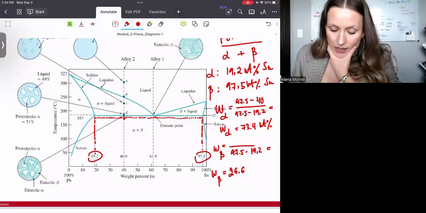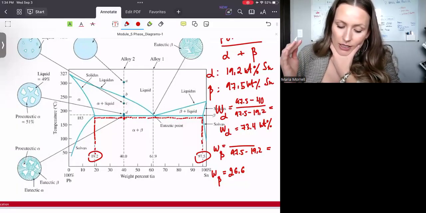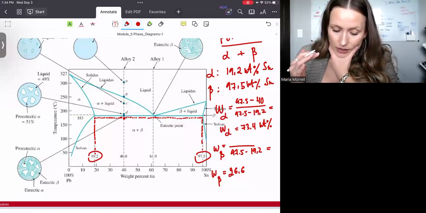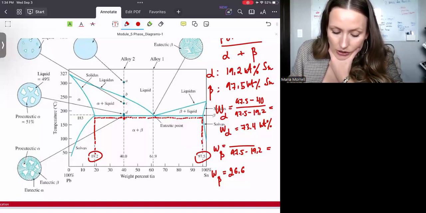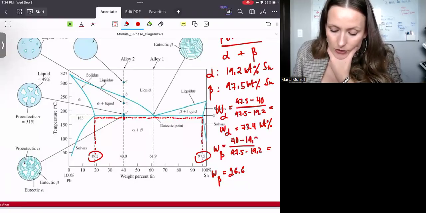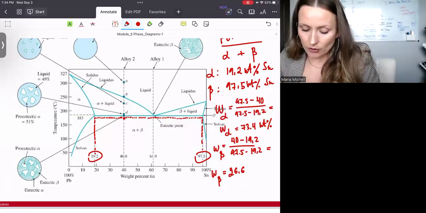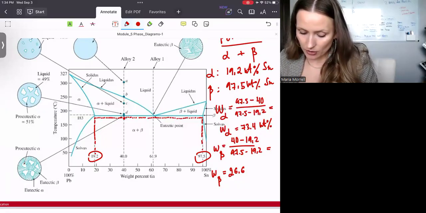So now for the beta, I will be looking at the opposite end, and that is going to be 40 minus 19.2.